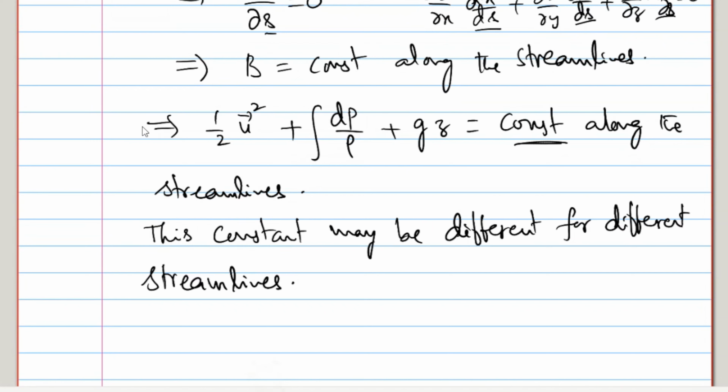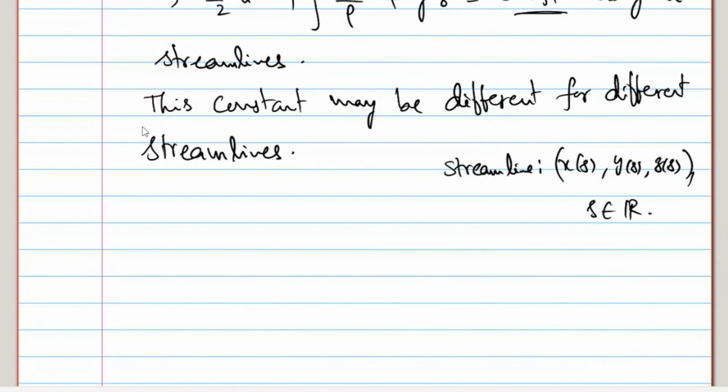Basically, you have parameterized the streamlines: take one streamline and parameterize it as x of s, y of s, z of s. So s is the parameter, s belongs to R. Once you parameterize, dx by ds, dy by ds, dz by ds will give you the tangent to that curve, the tangent to the streamline.